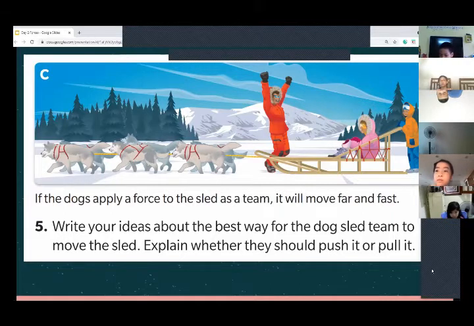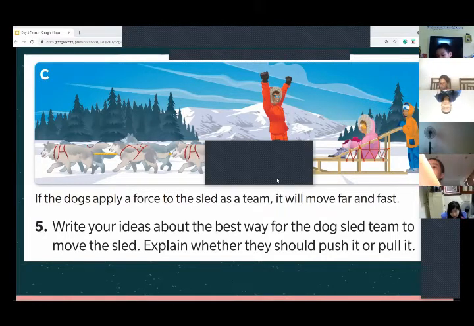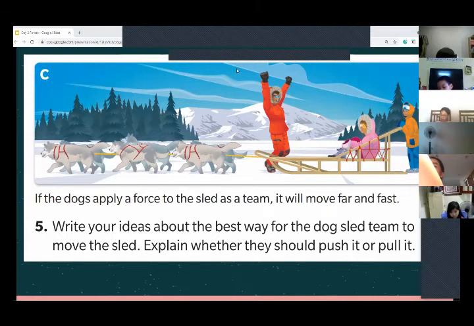A, B, or C? Ready, set, go. Okay, you guys all know the answer. C is correct. We'll give it a check mark.